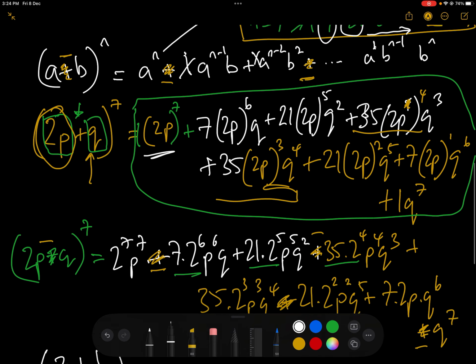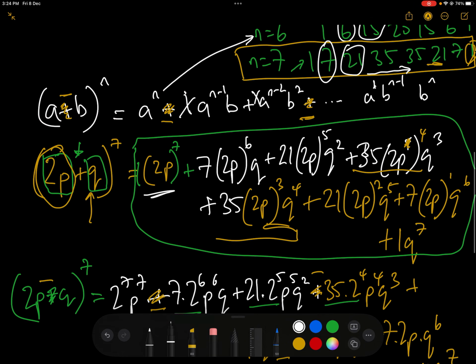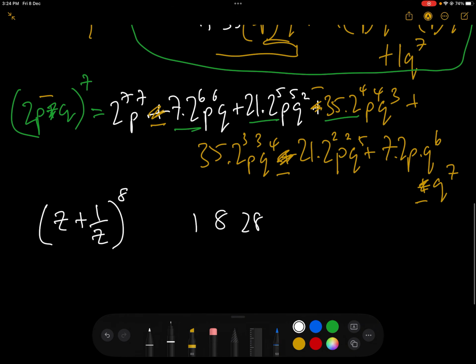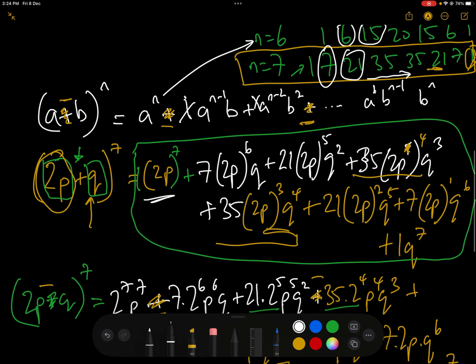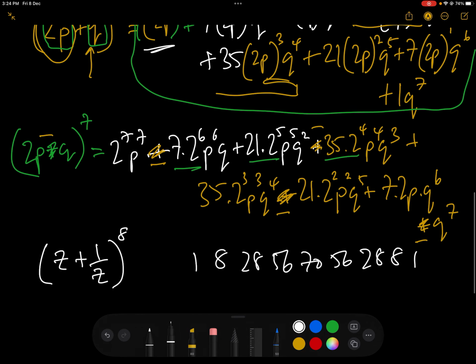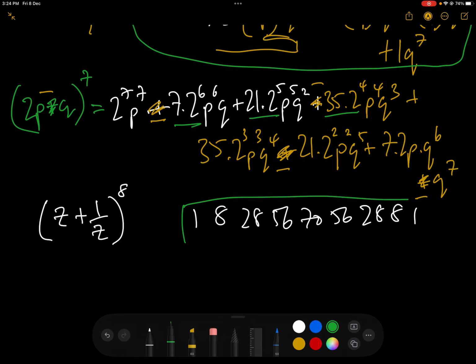That would be 1, 8, 28, 56, 70, 56, 28, 8, 1. So that is Pascal's triangle for n equals 8.